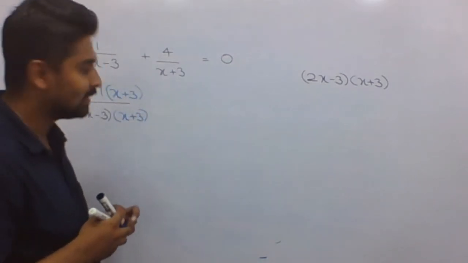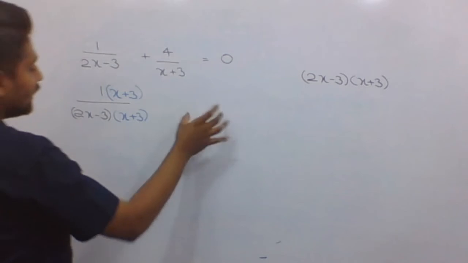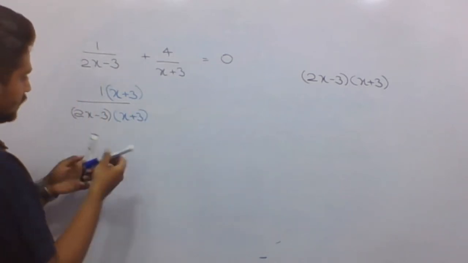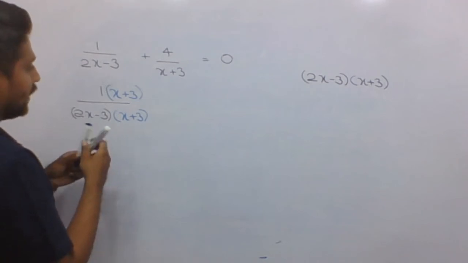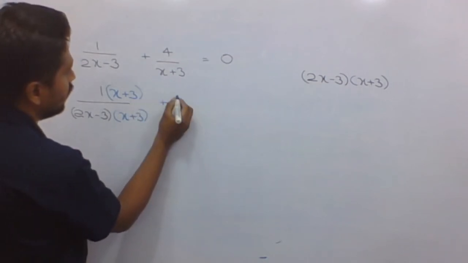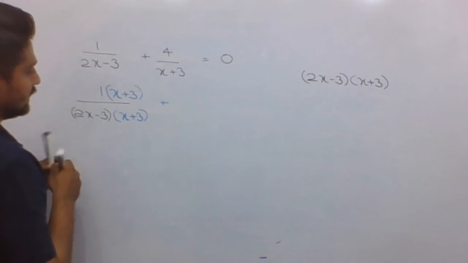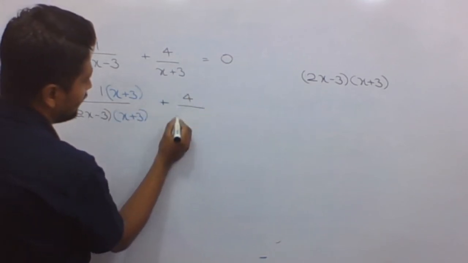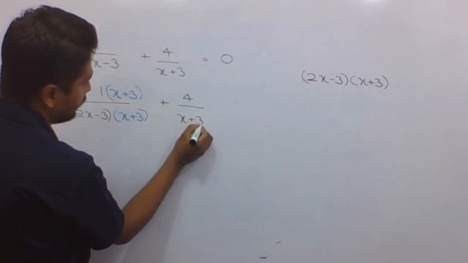Is it clear? Right. Then you know there is a plus in between them, plus 4 over x plus 3.